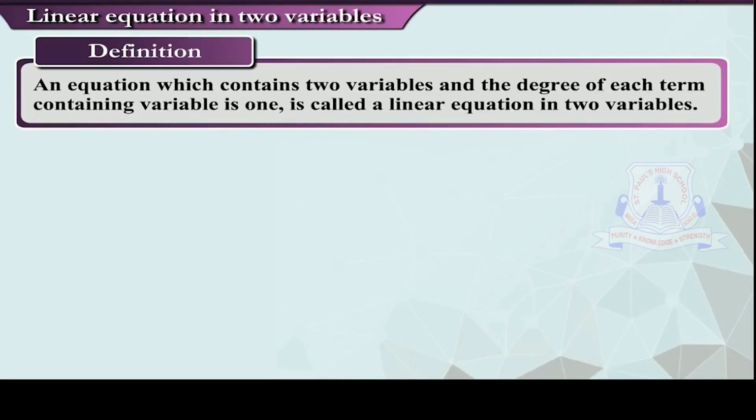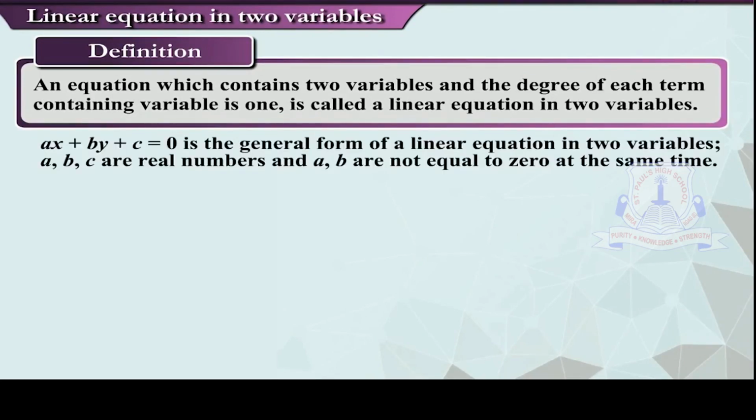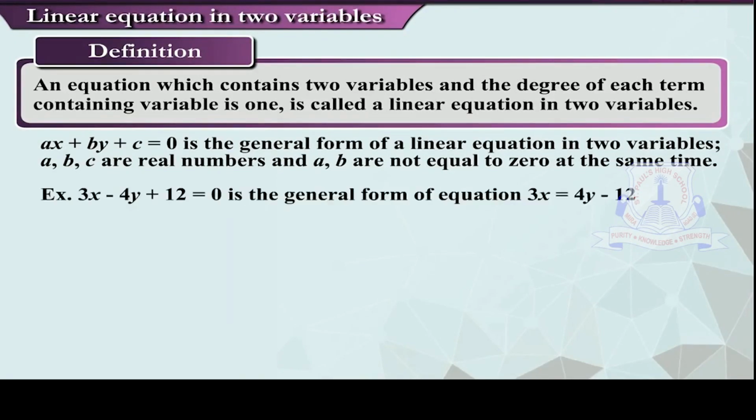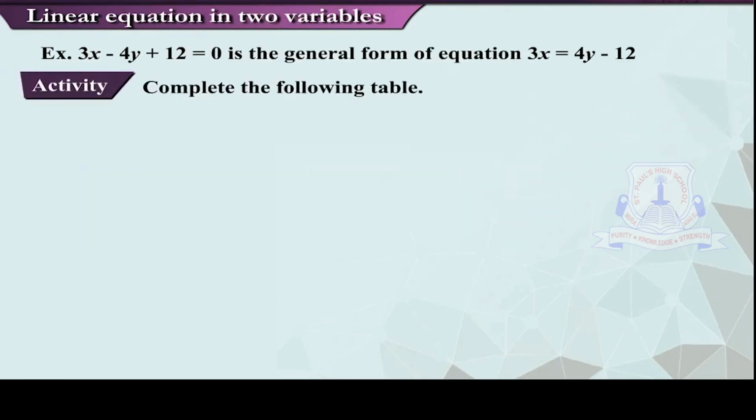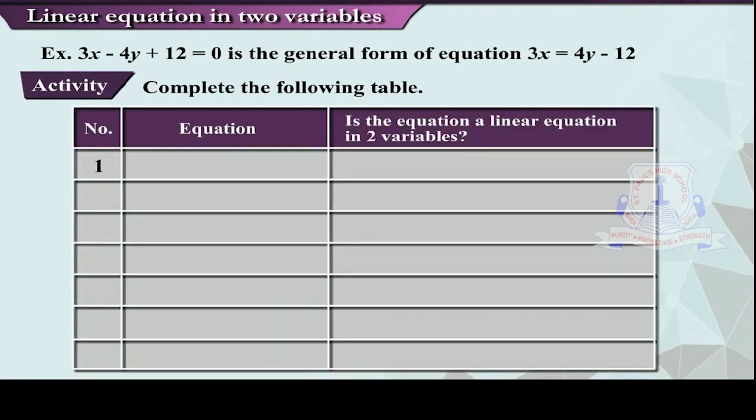An equation which contains two variables and the degree of each term containing a variable is 1 is called a linear equation in two variables. ax plus by plus c equal to 0 is the general form of a linear equation in two variables, where a, b, c are real numbers and a, b are not equal to 0 at the same time. Example: 3x minus 4y plus 12 equal to 0 is the general form of the equation 3x equal to 4y minus 12.